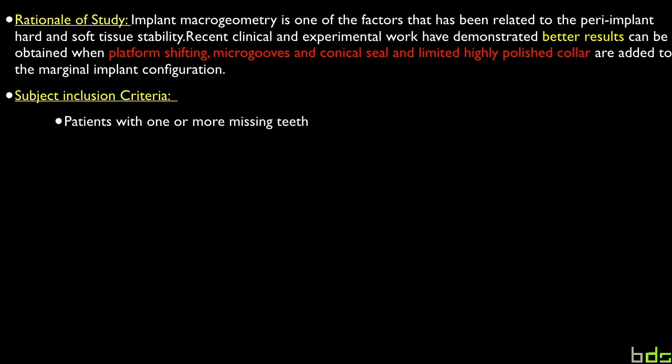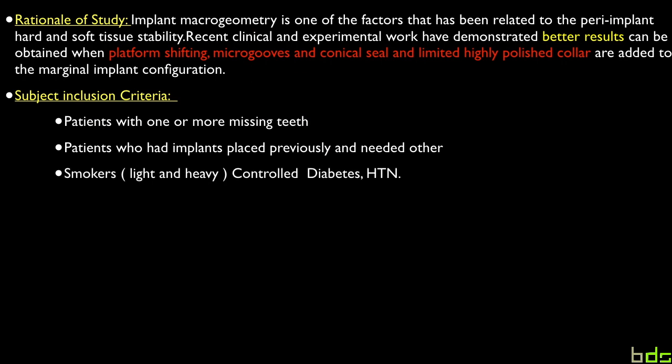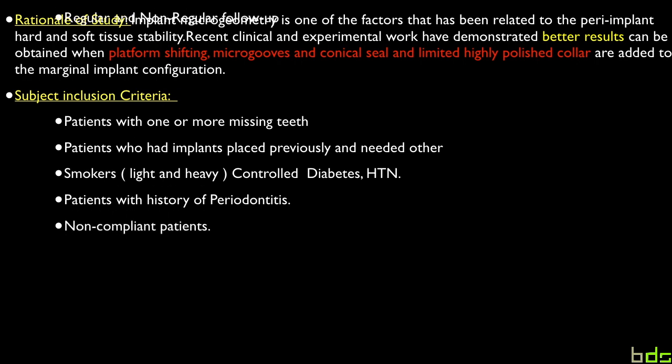So patients were included that had one or more missing teeth, or that had implants placed previously and needed another one, obviously. Smokers, light and heavy, controlled diabetic or hypertension, patients with a history of periodontitis, non-compliant patients, regular and non-regular follow-up.